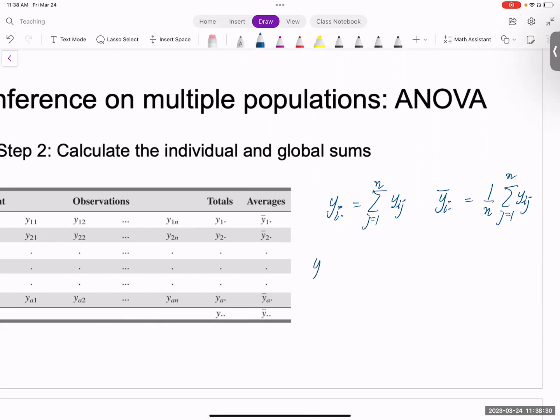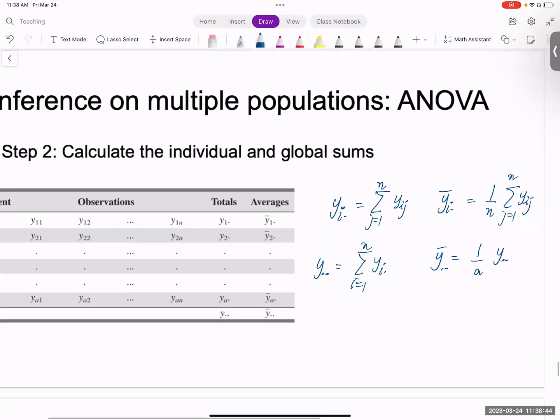And then you compute y double dot, which is equal to the summation of your yi dot, i equal to 1 to a, and y dot dot bar, which is equal to 1 over a, because you have a total of a treatments, times y dot dot.